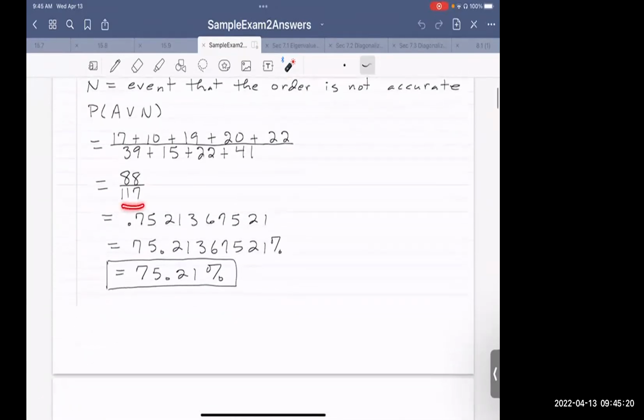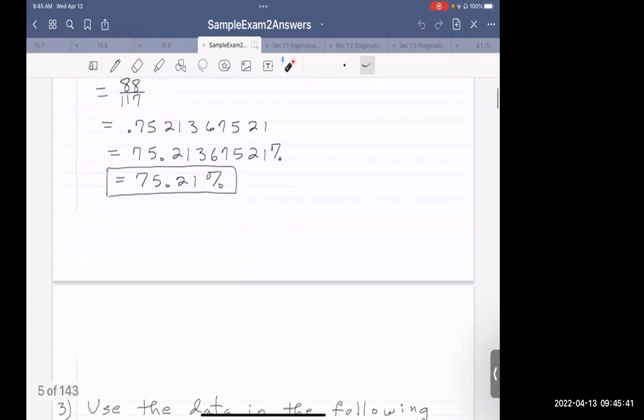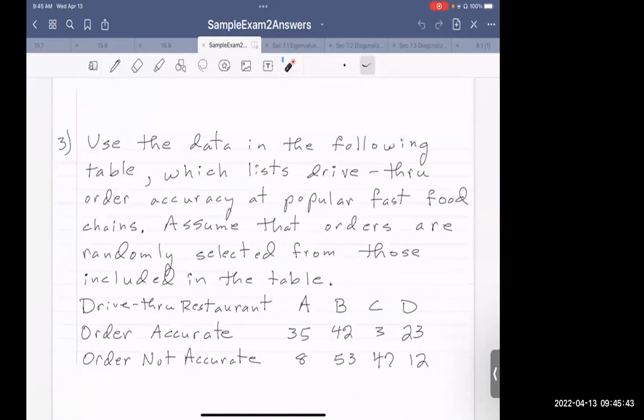And so we have 88 over 117, 0.7521367521. Move my decimal place 2 places to the right. So 75.21367521%, round to the nearest hundredth of a percent. And so 75.21%.